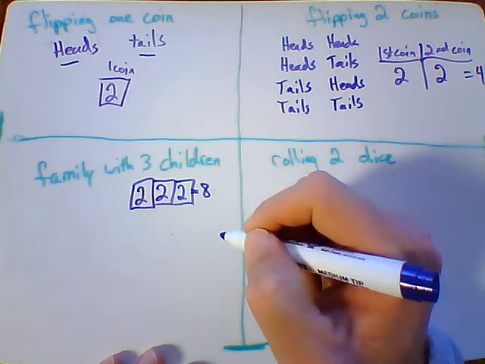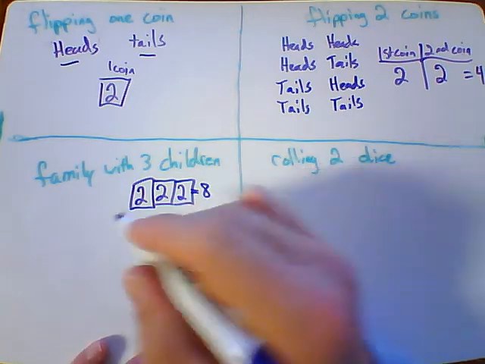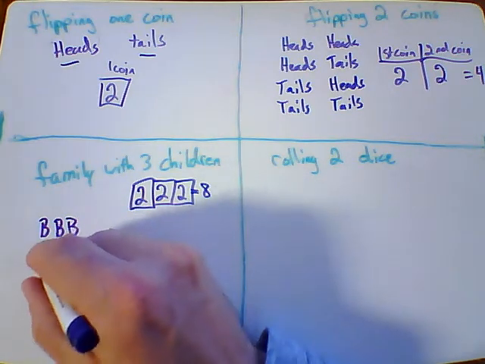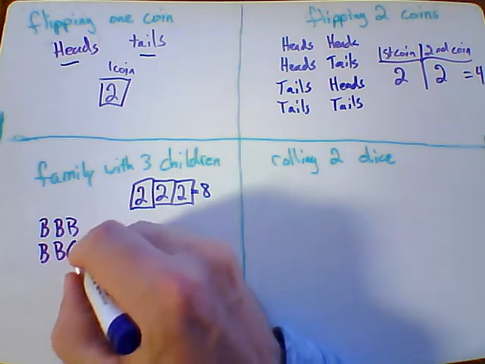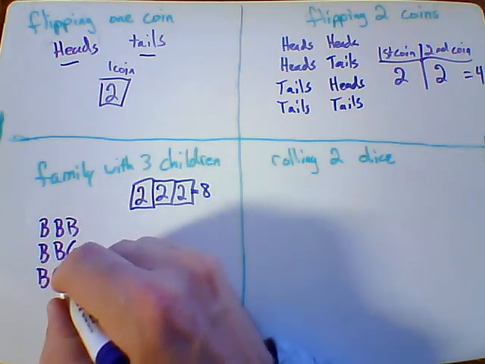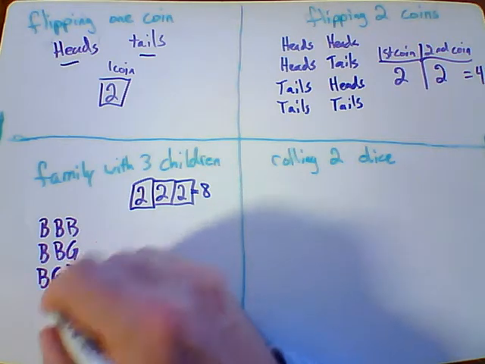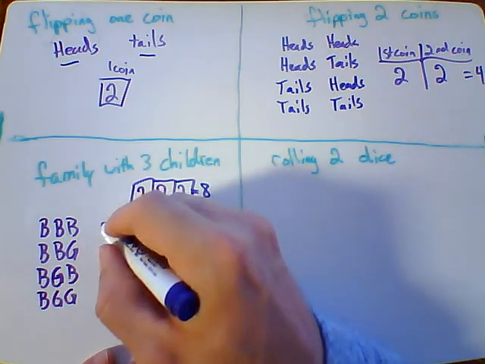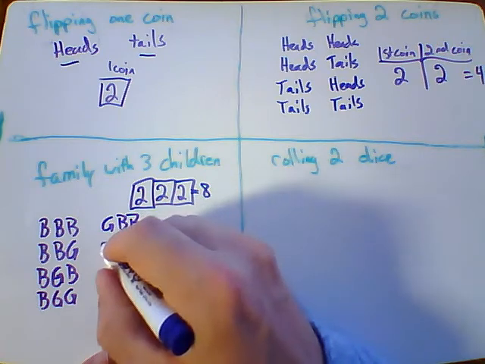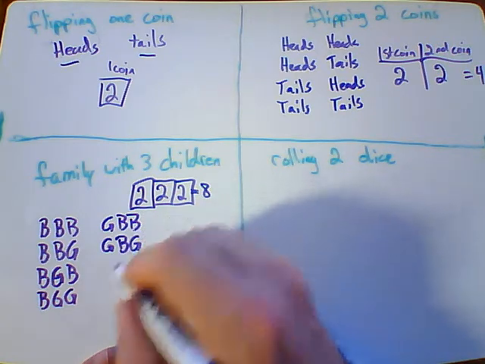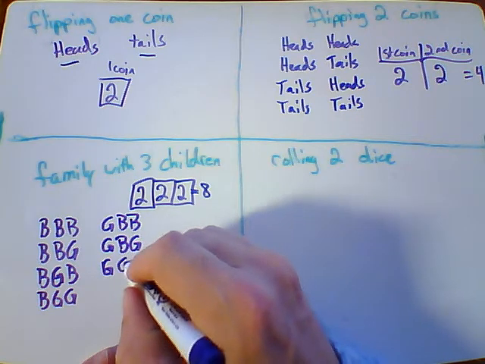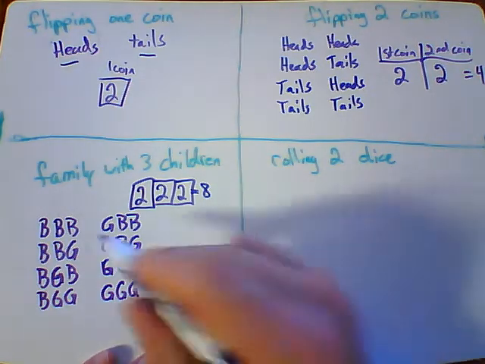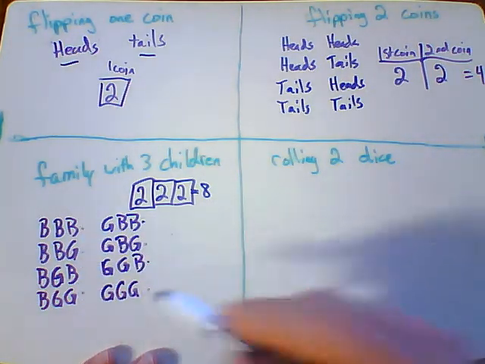Multiply across, that is 8 possibilities, which would be boy, boy, boy; boy, boy, girl; boy, girl, boy; boy, girl, girl; or girl, boy, boy; girl, boy, girl; girl, girl, boy; or girl, girl, girl. 1, 2, 3, 4, 5, 6, 7, 8.